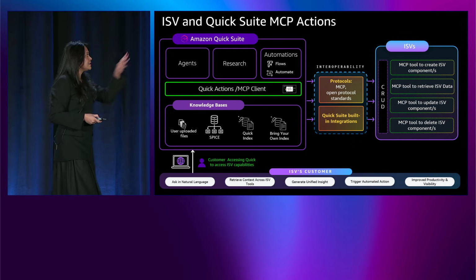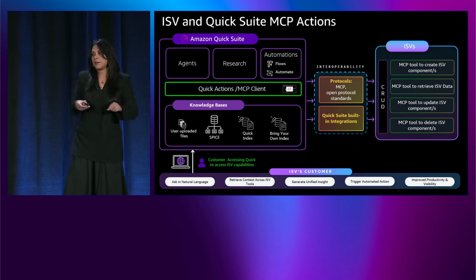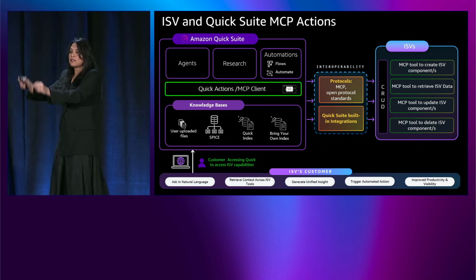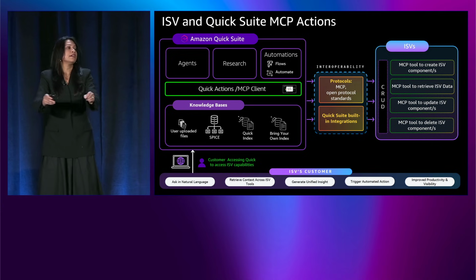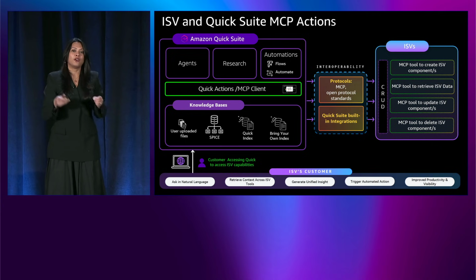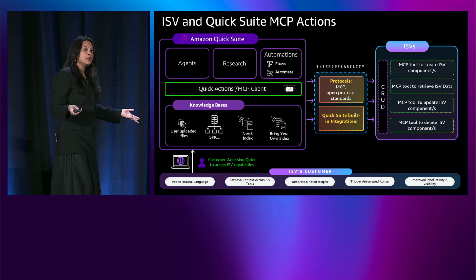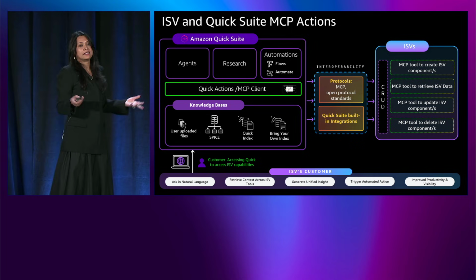On the right-hand side, that is your SaaS application. That is where you will decide to host your MCP server that can expose both the tools as well as agents.